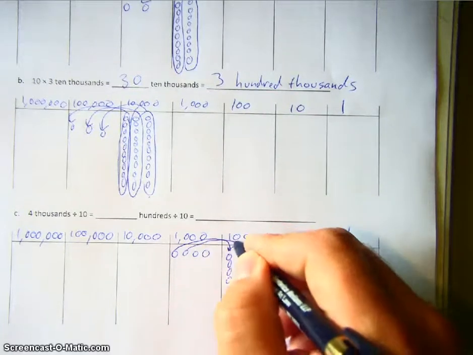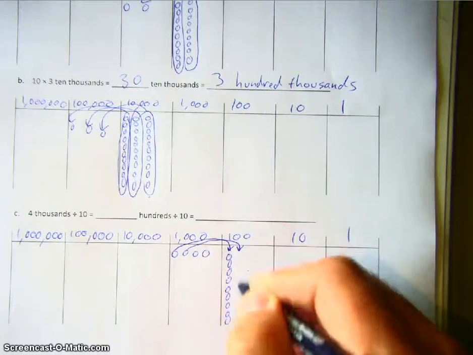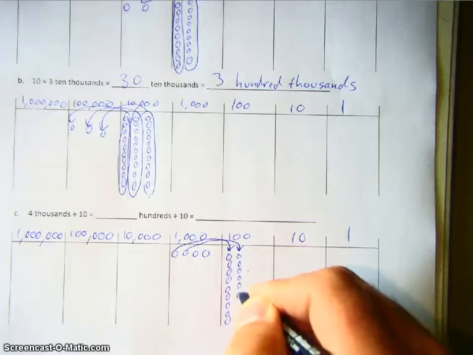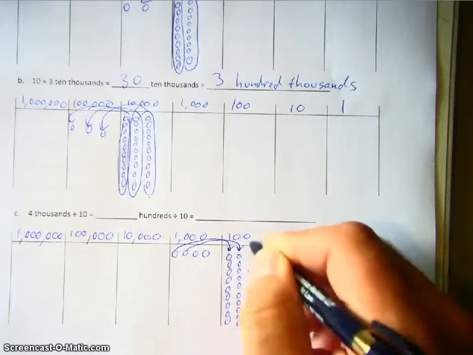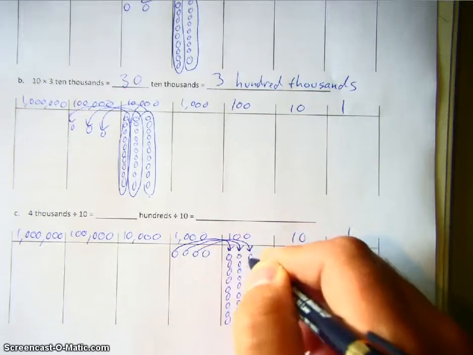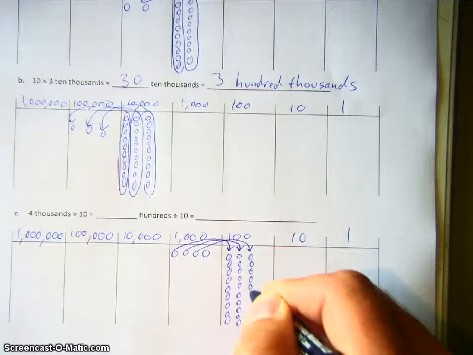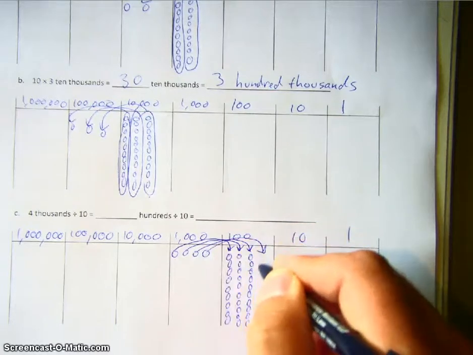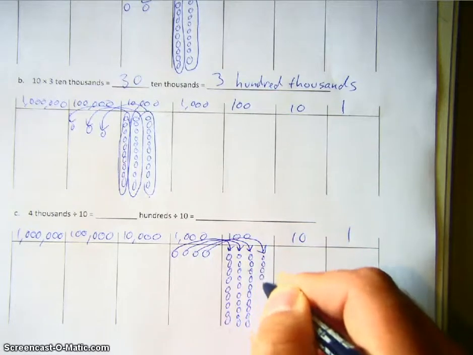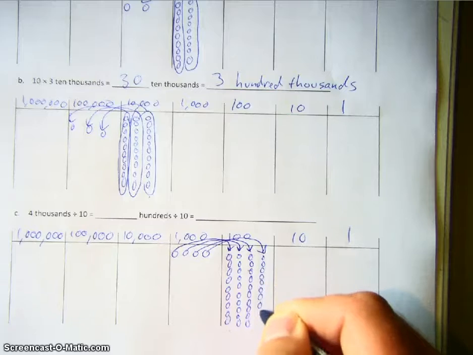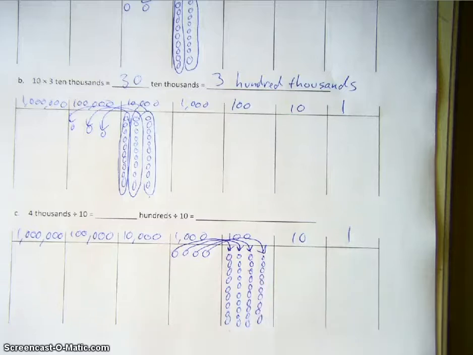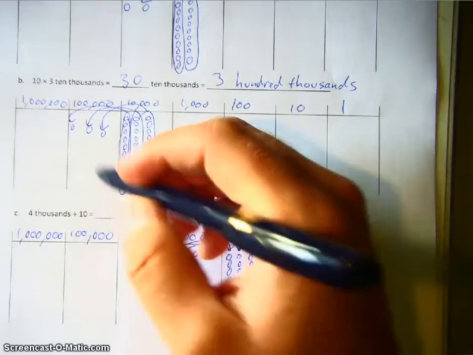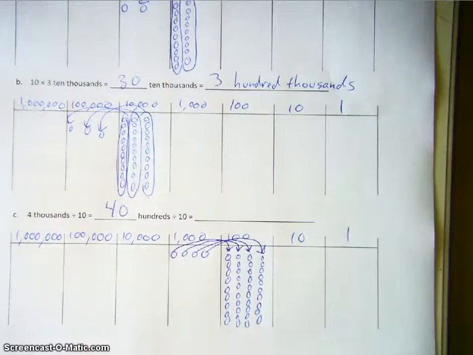So each of our thousands number discs gets created into 10 hundreds. Okay, so now our 4,000s has become 40 hundreds.